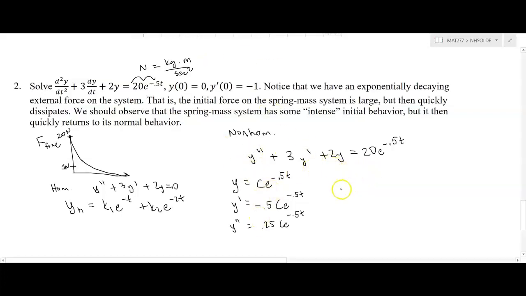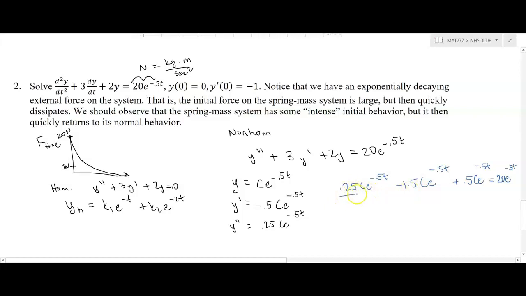So now we plug these in. We have y double prime plus 3y prime. So that's 3 times negative 0.5, which is negative 1.5 c e to the negative 0.5t. Plus 2 times 0.25 gives plus 0.5 c e to the negative 0.5t equals 20 e to the negative 0.5t. Now again, you could see this as factoring out an e to the negative 0.5t.